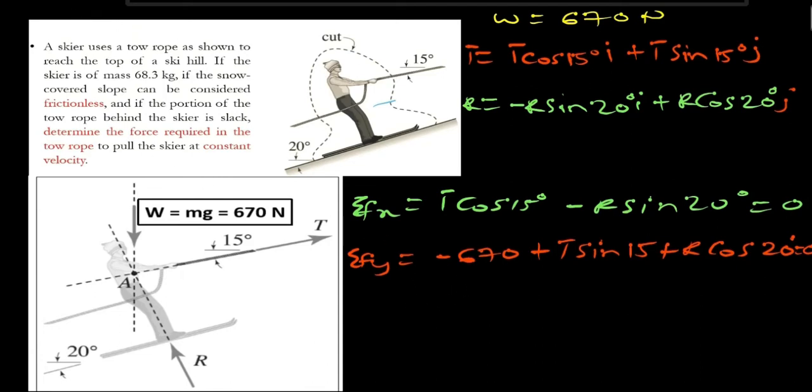So I'm going to do substitution here. I'll consider the force in the x-axis direction, and then I'll make T the subject. I'm going to change cosine of 15 and sine of 20 into decimal values.